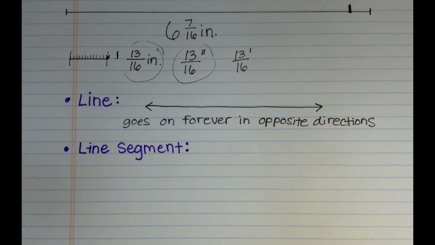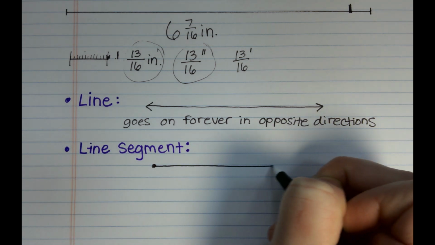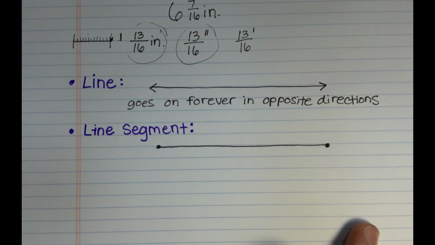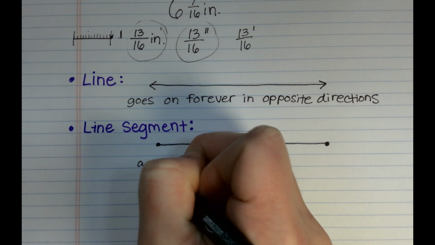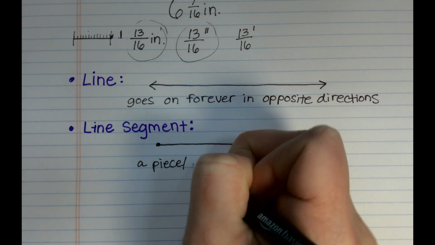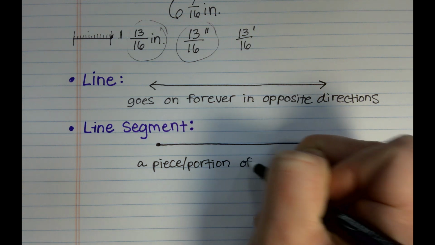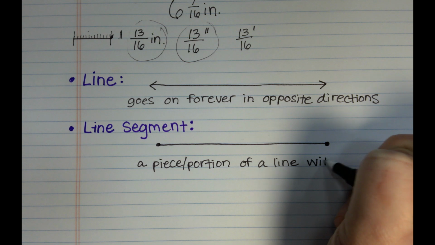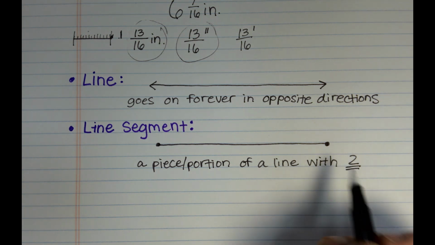It is a line that has two endpoints. A segment is a part, a piece, or a portion of a line, and it has to have two endpoints.